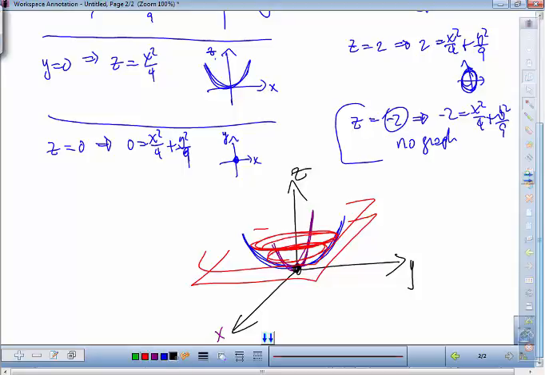And then our result will be basically a bowl that we would call a paraboloid. Okay? Any questions?